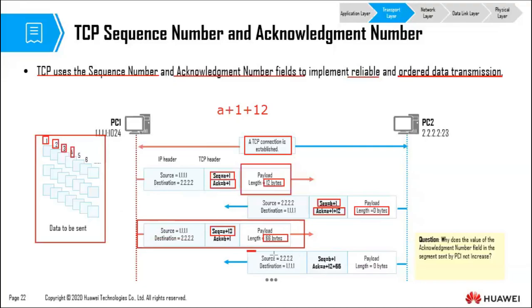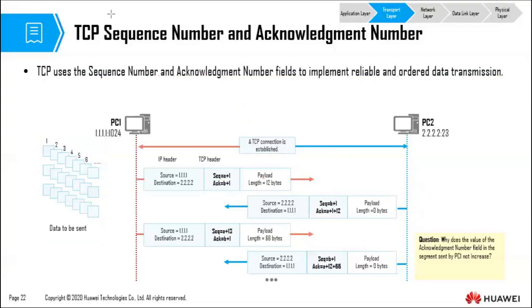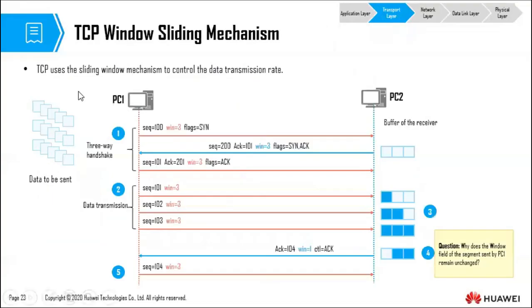Then this guy is also going to acknowledge with the same sequence number, but the acknowledgement, look at it, is now A plus 12 plus 66, which is the size that we've sent here. Are we together? Yeah, so that is how the sequence numbers and acknowledgement numbers are exchanged. I'm sure when you read, you'll be able to understand them better.